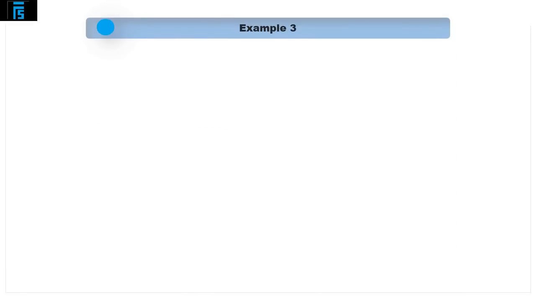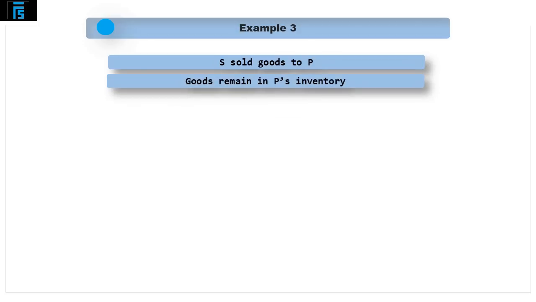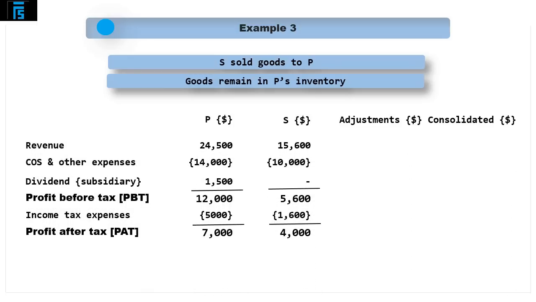In a final twist of the same scenario, let us assume that the intra-group sale of goods was actually performed by S, with P being the buyer, and that, as at the end of 2017, those goods still remain in P's inventory. In this situation, the required income statement adjustments would follow precisely the same logic as under the previous scenario.